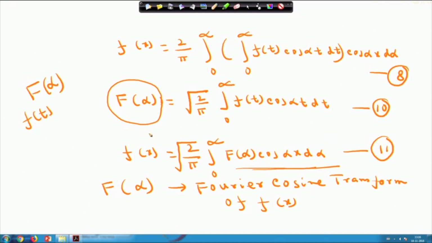Then it is an integral equation for the function f(t), and formula 11 gives the solution of that equation. So, F(alpha) we call the Fourier cosine transform of the function f(x), and if I know F(alpha), then I can represent it in terms of f(x) also.